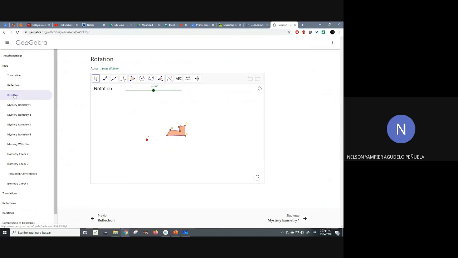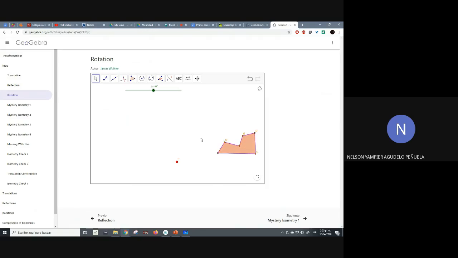That's great. So here we have a figure. Let me make it a little bit bigger so you can see it better. And we need two things in order to make rotations. Apart from the figure, we need two more things.